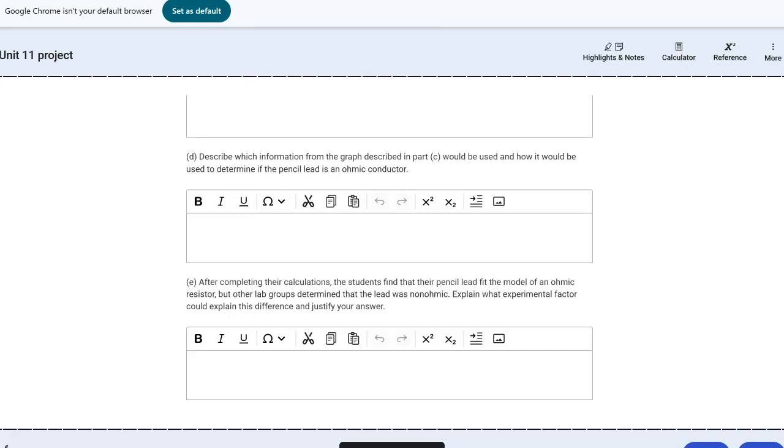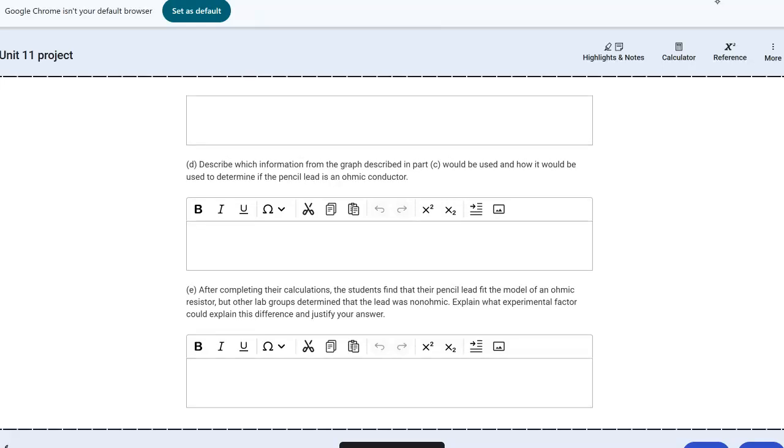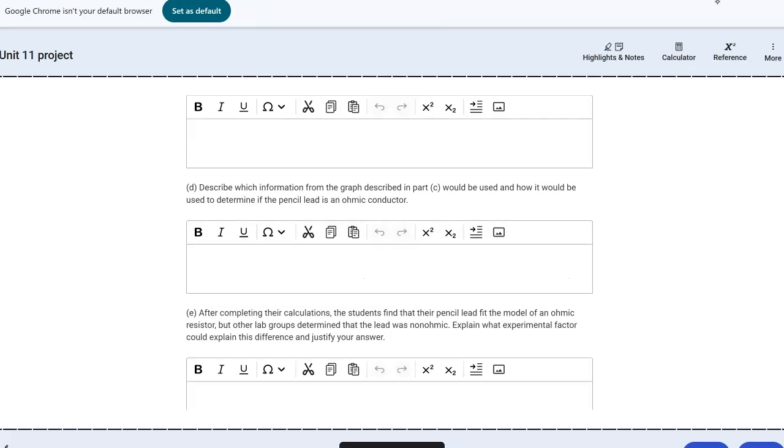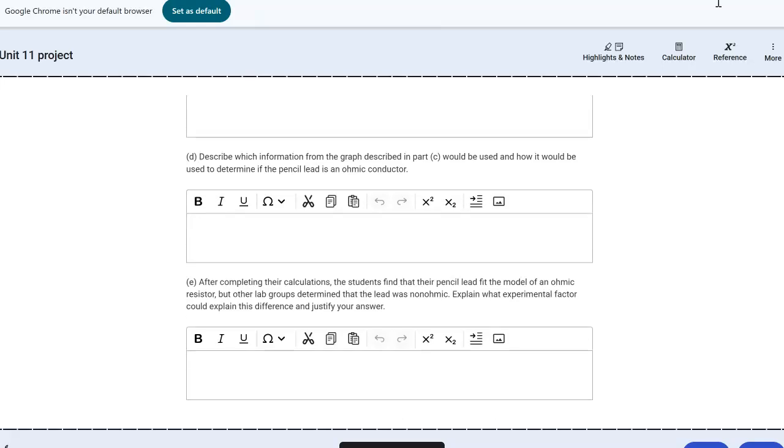Well, I'd say a temperature change. The group that found it to be non-ohmic could have left the circuit closed for too long, so the current would heat the pencil lead.